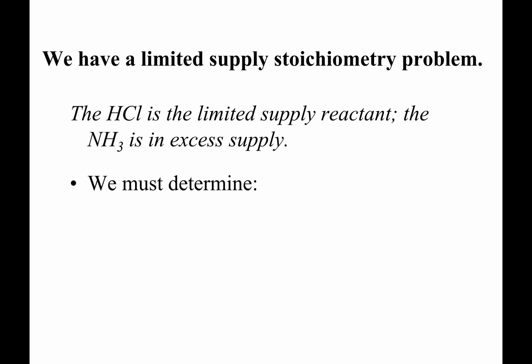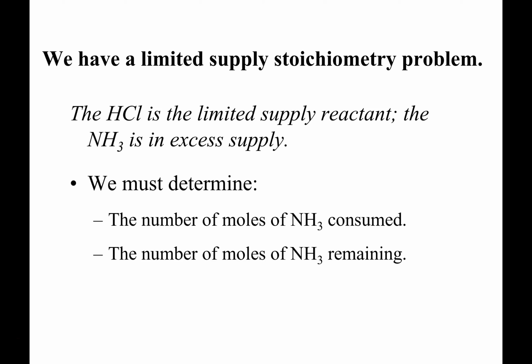All right. So like I said, in this sort of problem, all of your strong acid is going to be totally used up. So we need to find the number of moles of NH3 that will be converted. Then the moles of NH3 remaining and the moles of NH4 plus are what's going to go in our Henderson-Hasselbalch equation.